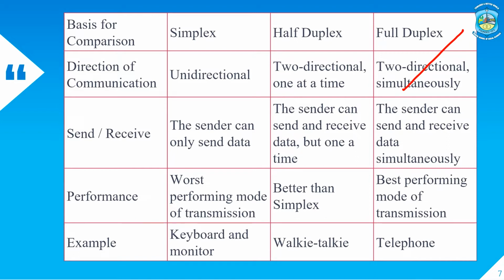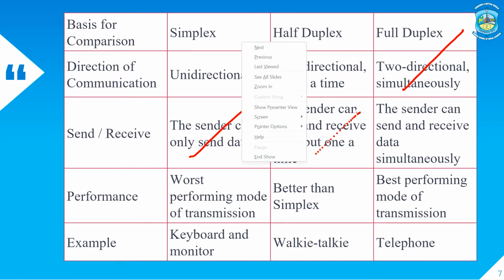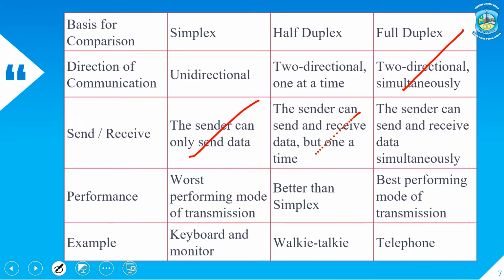Then, for send and receive: in simplex, the sender can only send data. In half duplex, the sender can send and receive data, but one at a time. In full duplex, it can send and receive data simultaneously.